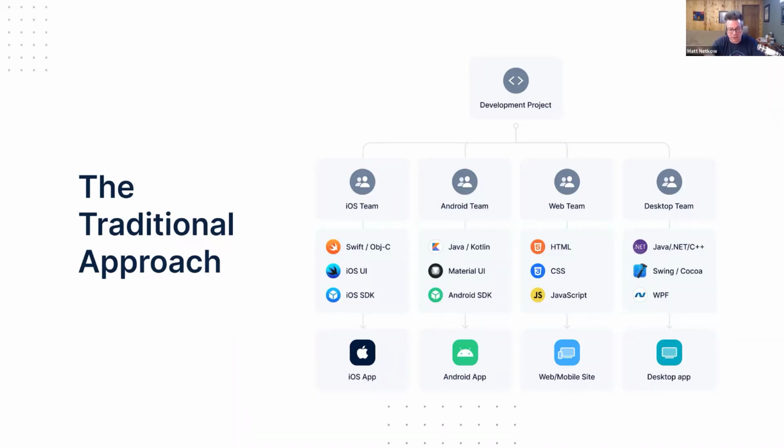Of course, on the mobile side, you'll have a dedicated native iOS and Android team, developers that know iOS and Android specific programming languages, SDKs, and technologies. They're responsible for building and deploying the iOS and Android apps for the project. Then every team today has a web team.